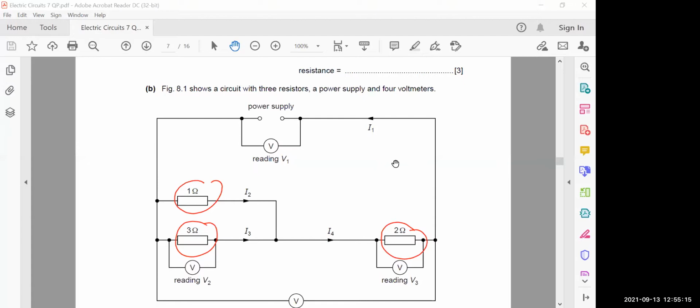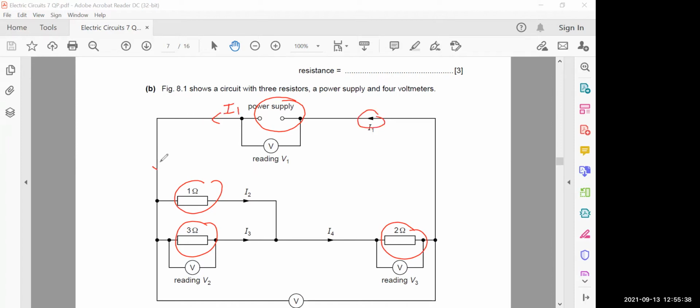Those students who are unable to do this question, listen carefully to how to find the total resistance in this combination. In such questions, it is better to start from the power supply. Assume the current produced by the battery is I1.